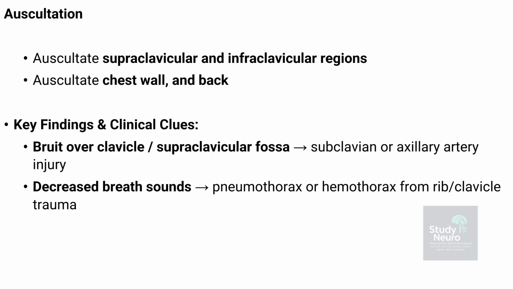A bruit heard near the clavicle or in the supraclavicular fossa may indicate injury to the subclavian or axillary artery. Reduced or absent breath sounds on one side of the chest should raise concern for complications such as a pneumothorax or hemothorax, often related to associated rib or clavicular trauma.